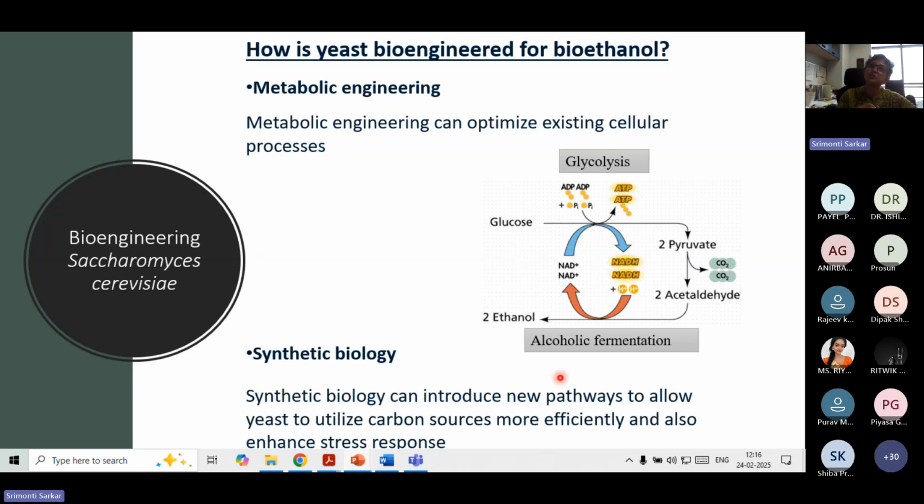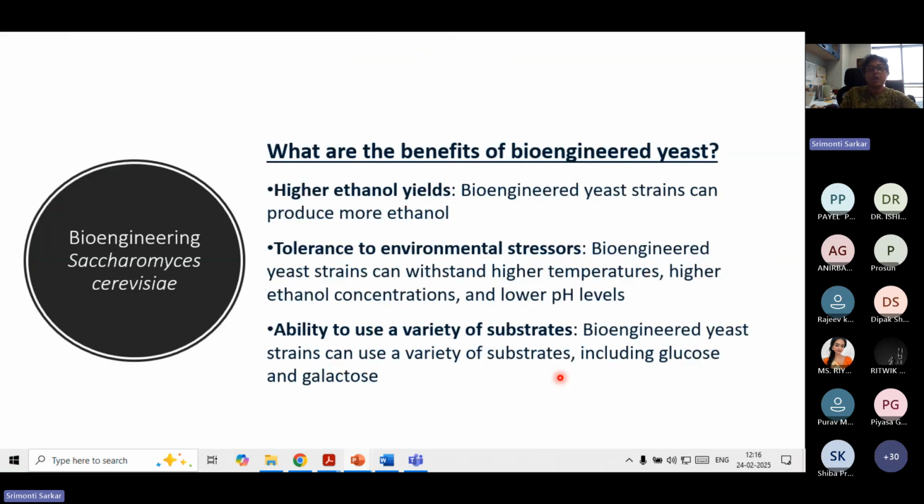Or what we can also do is use these bioengineering approaches to allow yeast to survive better under the stress conditions that result when ethanol is being produced. I'll come back to the ethanol stress conditions a little later on, but let me quickly touch upon the benefits of bioengineered yeast.